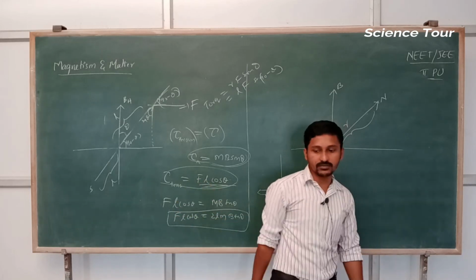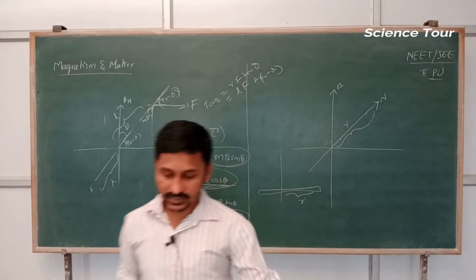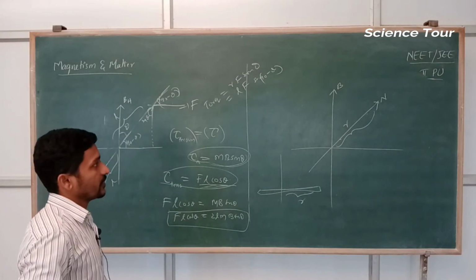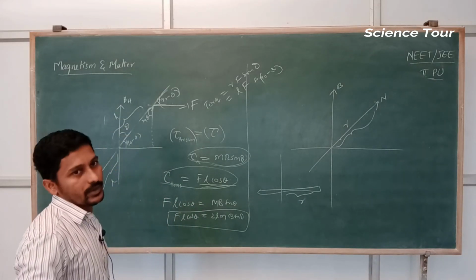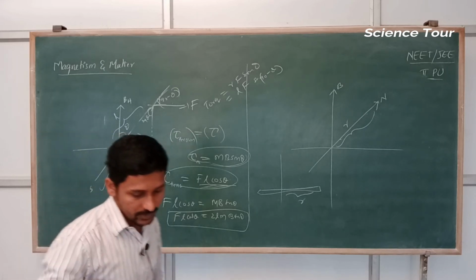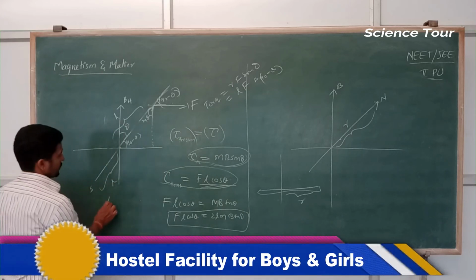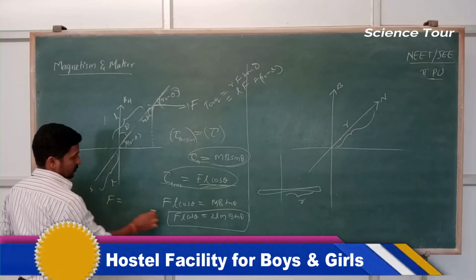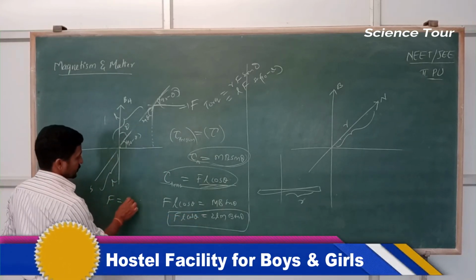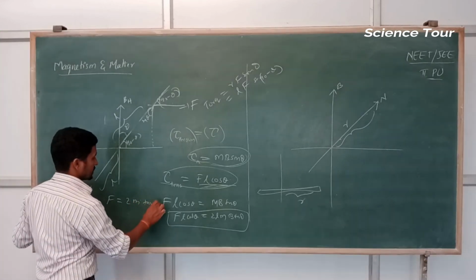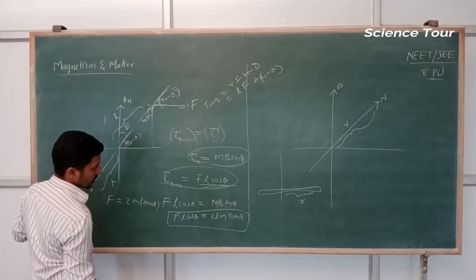At the place of L, it becomes R, and you can find out the formula. You can write down the formula. That is the thing. So again, I can minimize this. So F is equal to, L cancels, 2m sin theta by cos theta is tan theta.